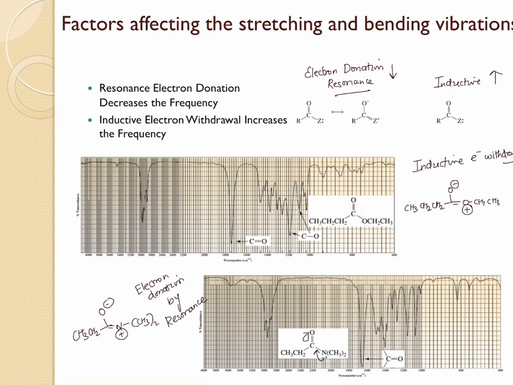Now let's see what's going to happen to the stretching frequencies of the carbonyl group in each one of these. Let's take a look at the IR spectrum. From the IR spectrum, we can see that the carbonyl group for the ester is at 1740 cm⁻¹. And for the amide, it is at this place right here, at 1660 cm⁻¹.